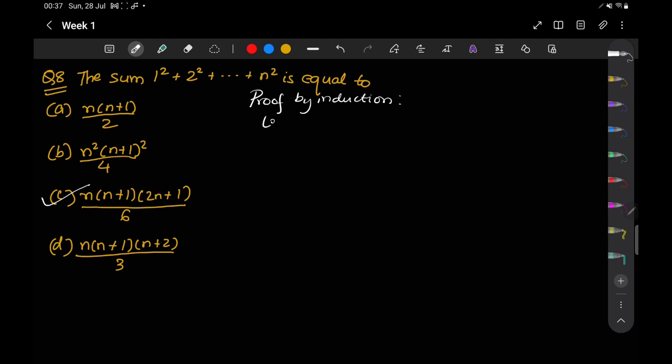So in this we assign this Pn expression to be the following.